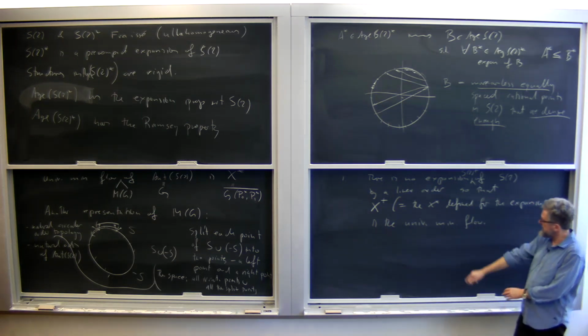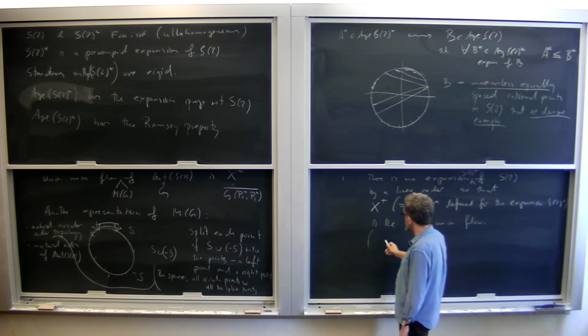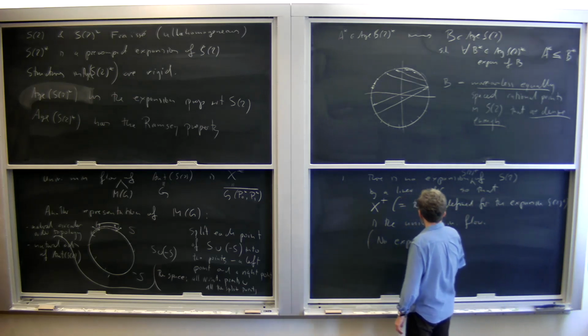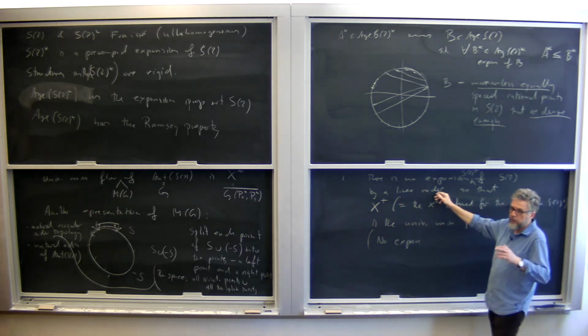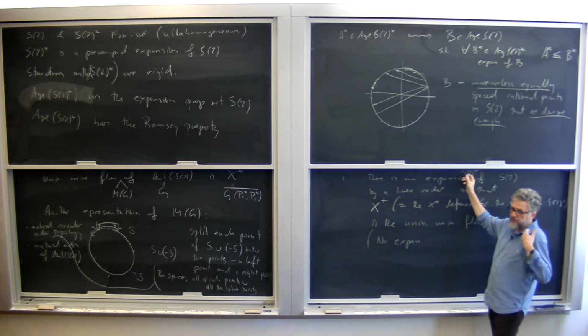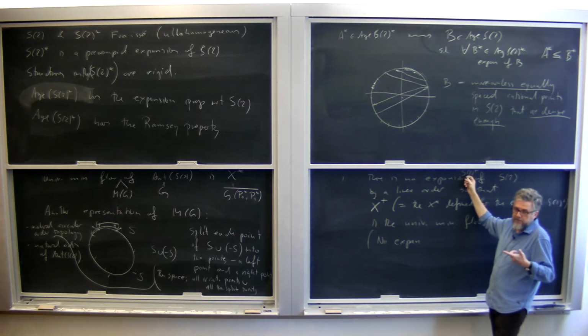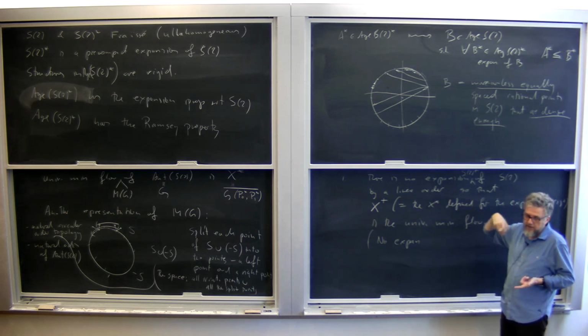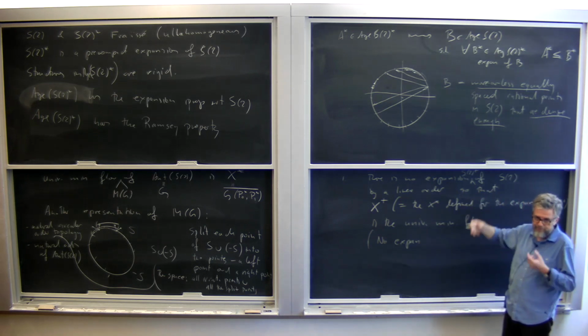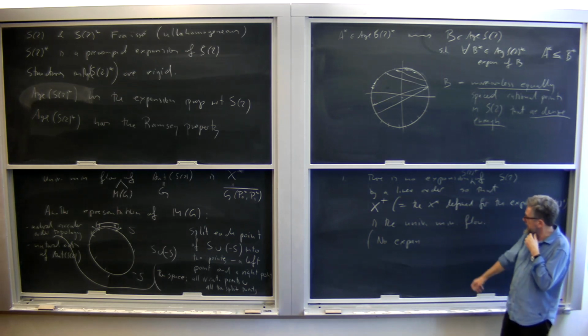So this is the same as saying there is no such expansion. Notice, if I add a linear order, I automatically get all structures here rigid. I automatically get precompactness because I expanded only by one relation symbol.